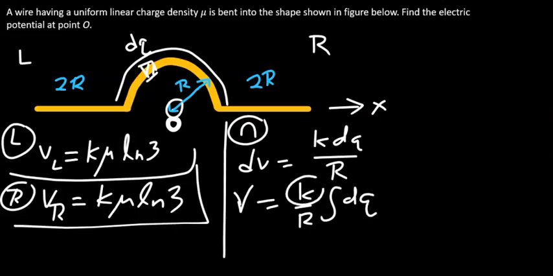Now we take k out because it's a constant, and we take the capital R out because that is also a constant, namely the radius of that semicircle.